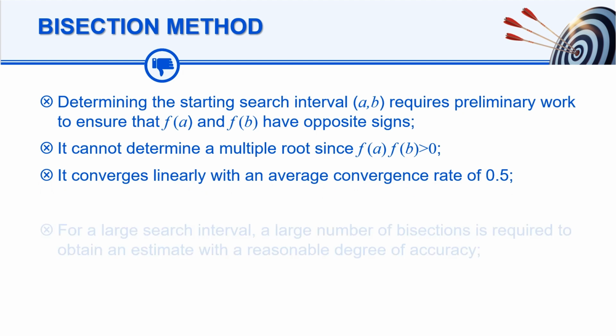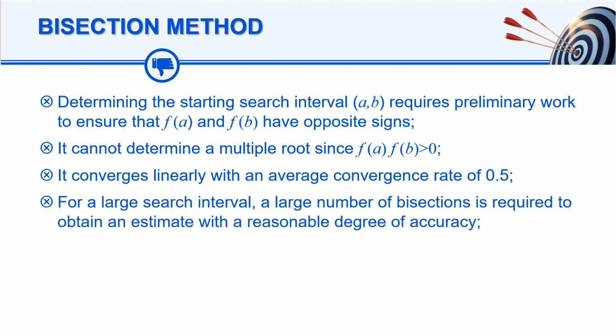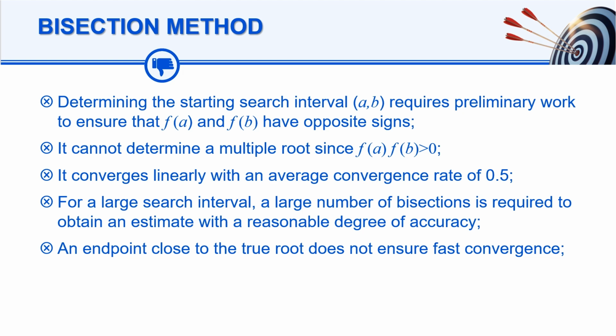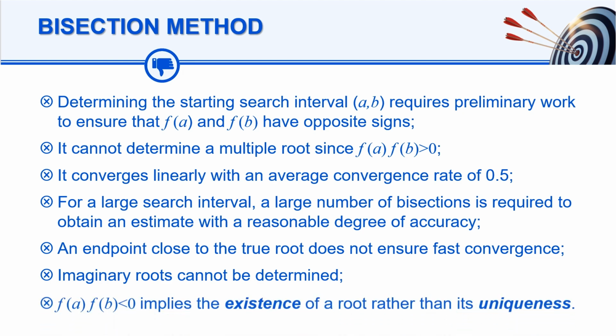For a large search interval, a large number of bisections is required to obtain an estimate with a reasonable degree of accuracy. An endpoint close to the true root does not ensure fast convergence. Imaginary roots cannot be determined. FA times FB less than 0 implies the existence of a root rather than its uniqueness.